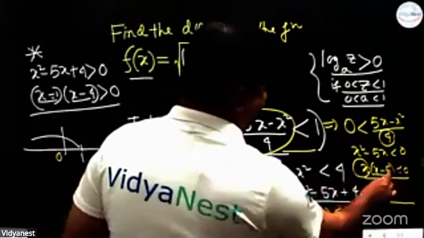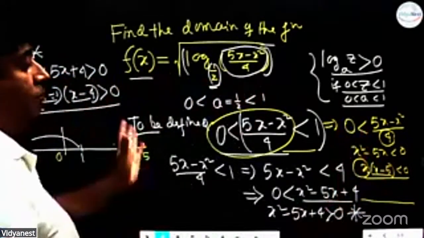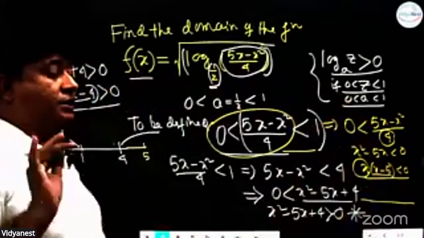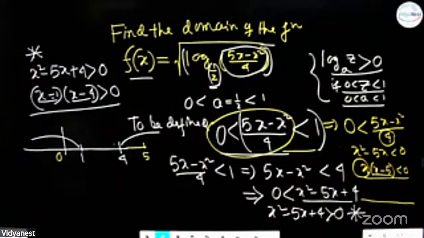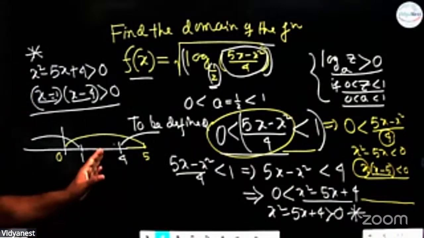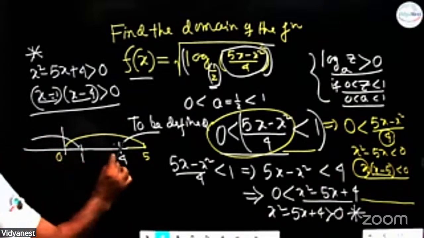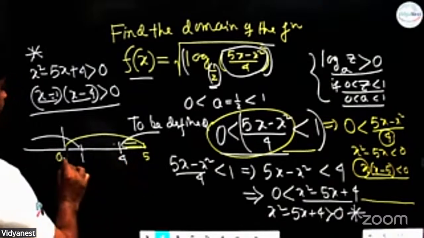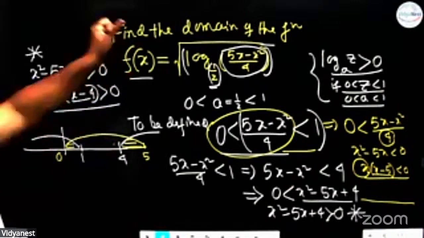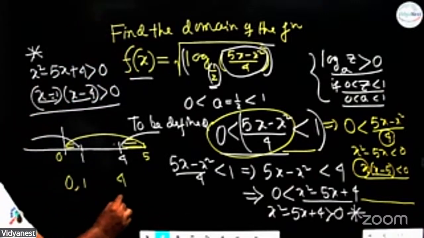Does it satisfy this condition? 3 into 3 minus 5 is 3 times minus 2, which is minus 6, and minus 6 is less than 0, so the condition is satisfied, so I can take values between 0 and 5. Once you draw these intervals, we have got a common region. That common region is the required domain, 0 to 1 and 4 to 5.